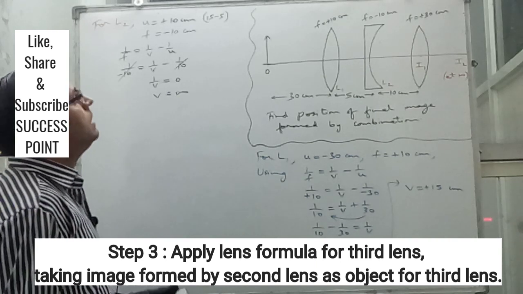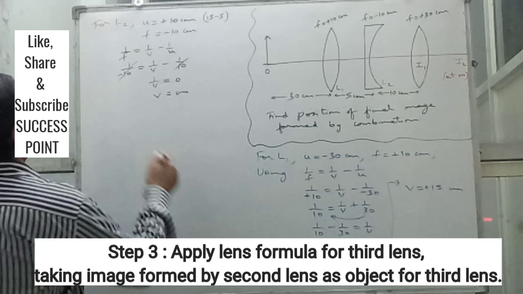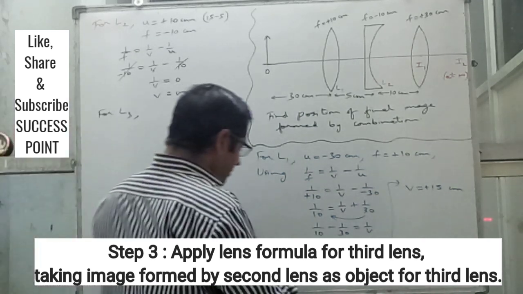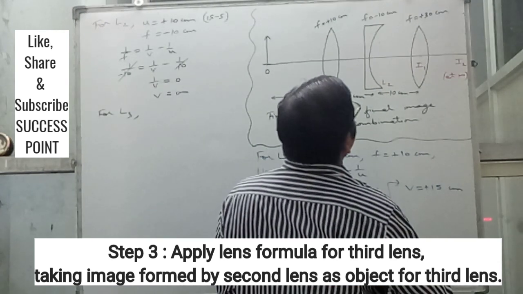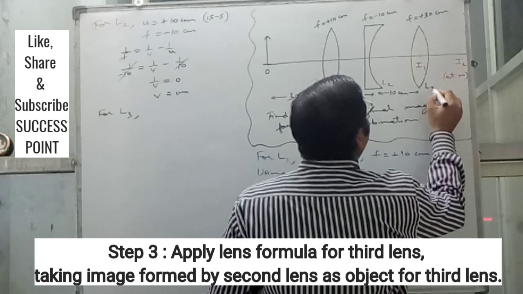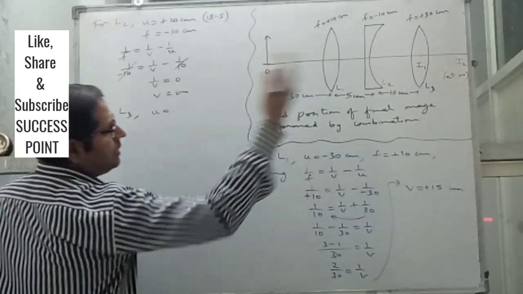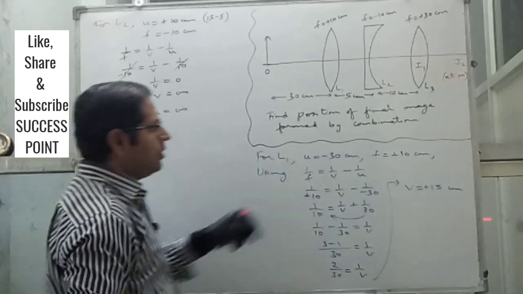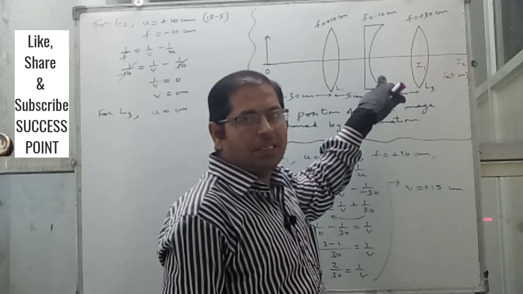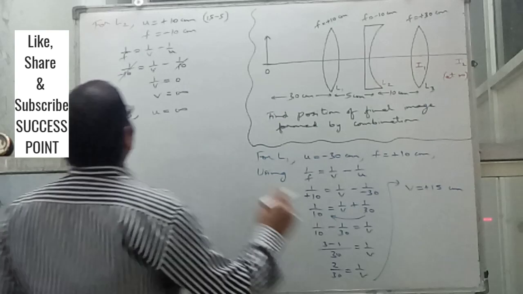Now if you want to use the same lens formula, you will get the same result. We are checking for L3. This is the third lens. Now what is u? u is infinity, because this image formed by the concave lens will now behave as object for the convex lens.